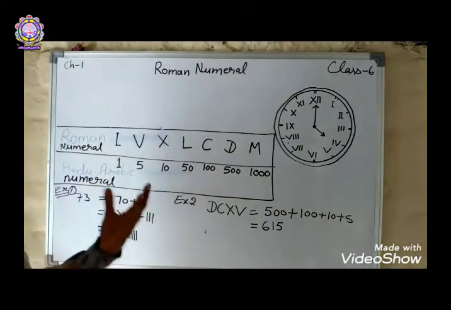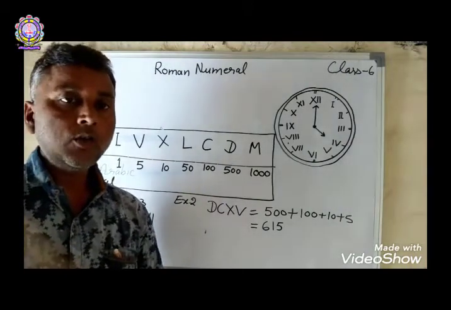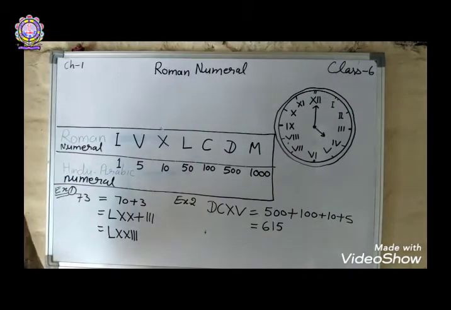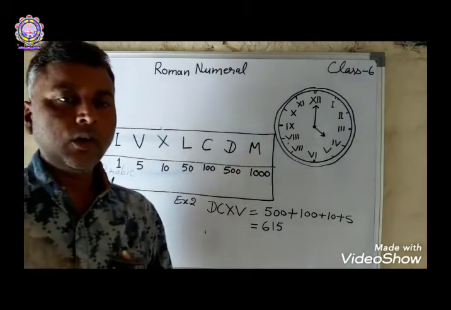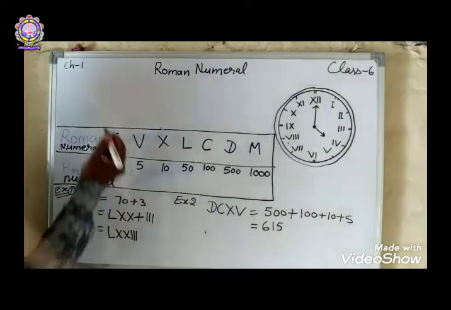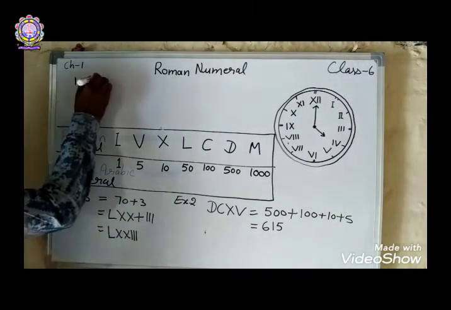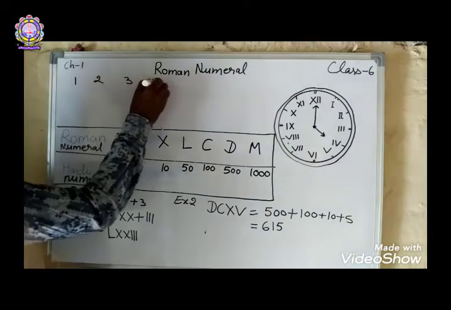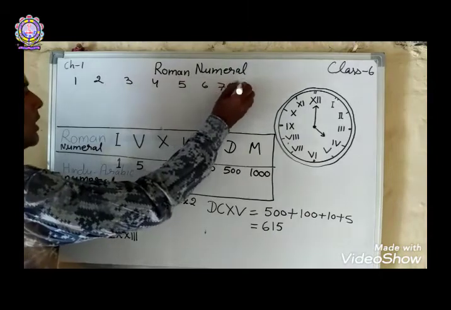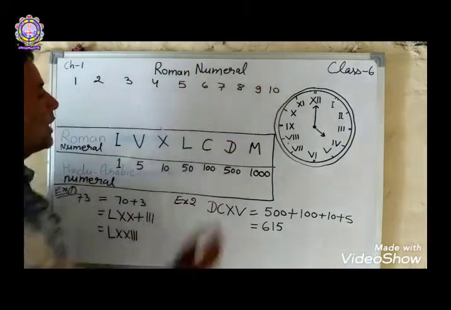There are some rules for how to write Hindu-Arabic numerals in Roman numerals and Roman numerals in Hindu-Arabic numerals. So first of all, write the counting 1, 2, 3, 4, 5, 6, 7, 8, 9 and 10.